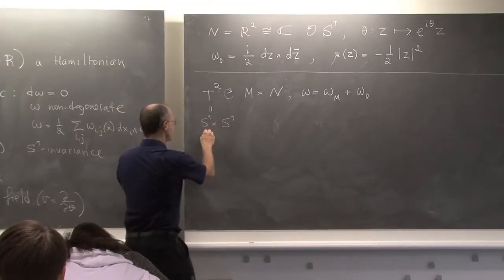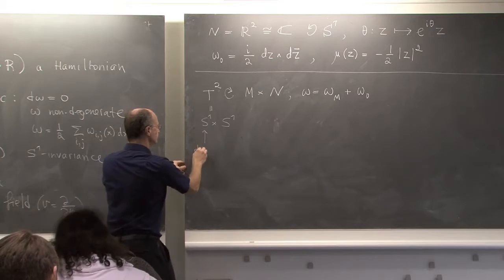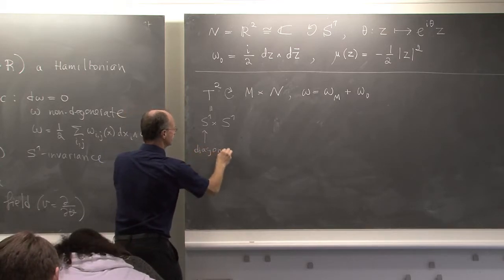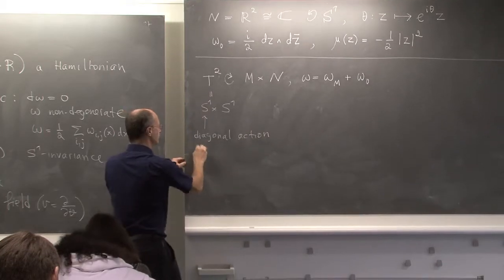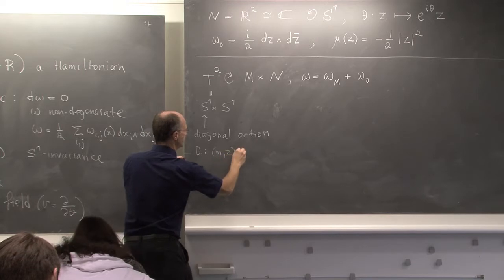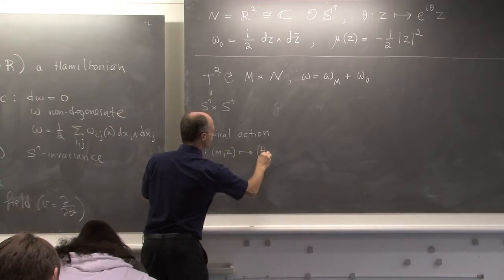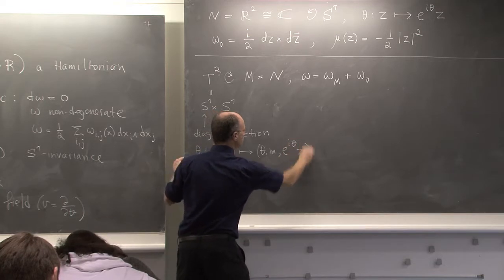So let me say that this S1 is a diagonal action, so theta maps (m, z) to (theta acting on m, exponential of i theta z).